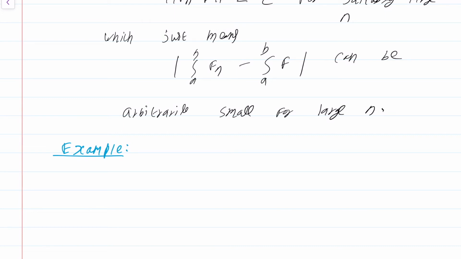So let's see an example. Let's consider sin(n squared x) by n squared.